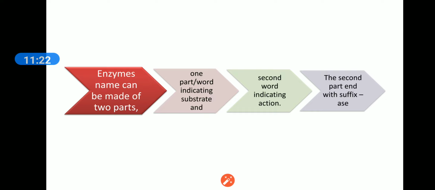An enzyme name can be made of two parts. One word indicates the substrate, and the second word indicates the reaction or action that particular enzyme is doing, and the second part ends with the suffix ase.